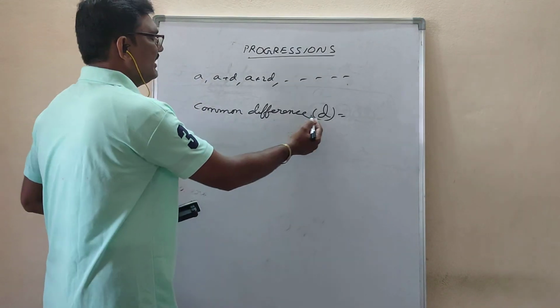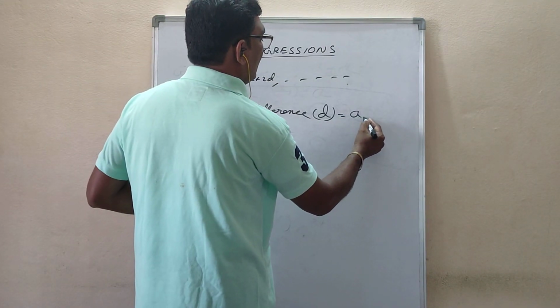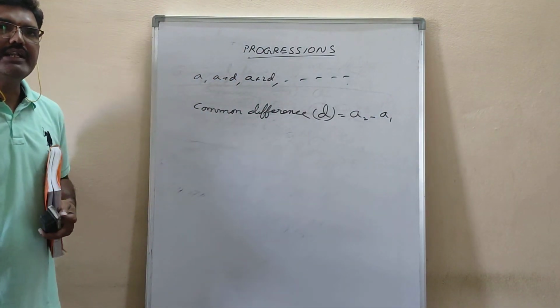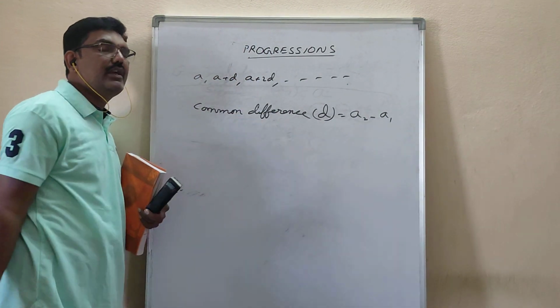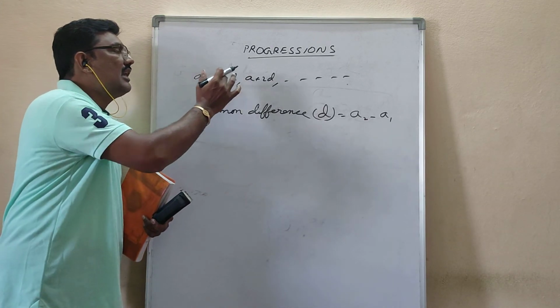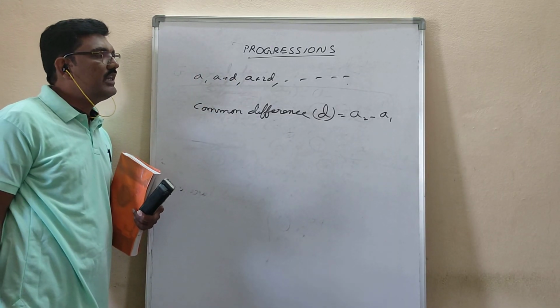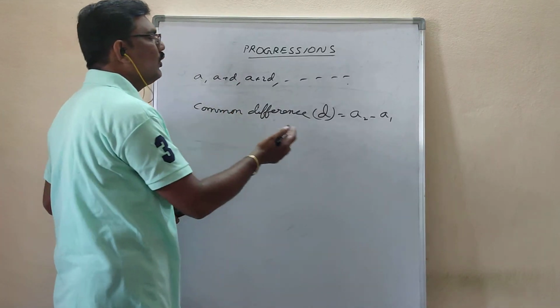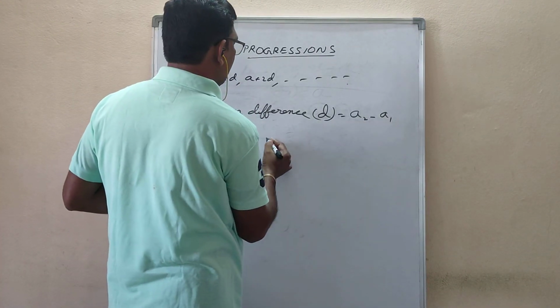So the common difference d has the formula a2 minus a1. What is the meaning of a2? The second term in the progression. What is a1? The first term in the progression. What do you get when you do a2 minus a1 here?